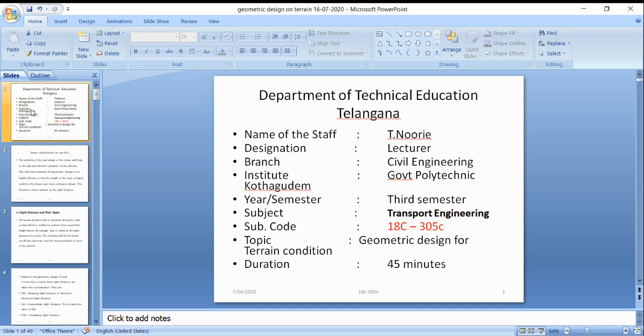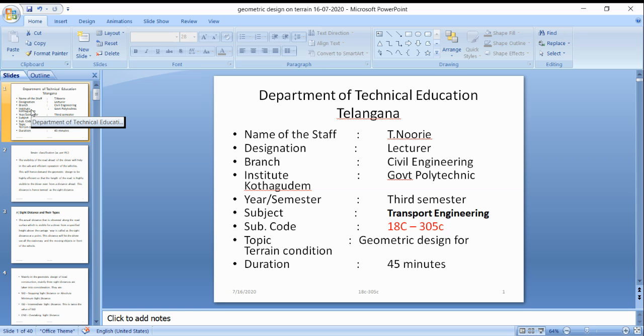So we have to provide not more slope, only a little slope, around 1.7 to 2% gradient, for bituminous and cement roads.